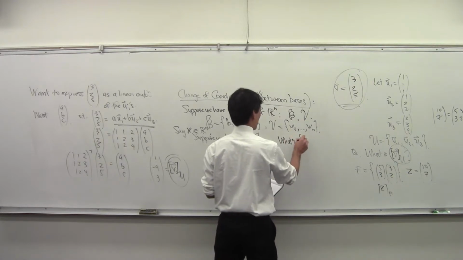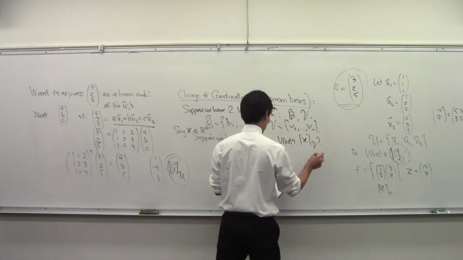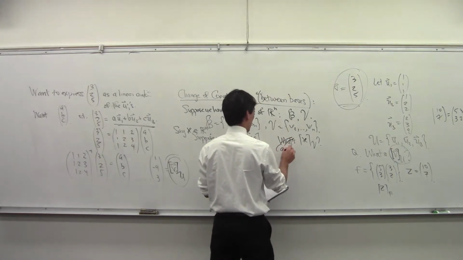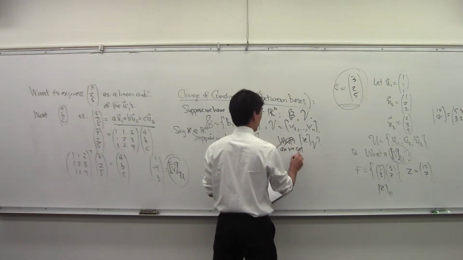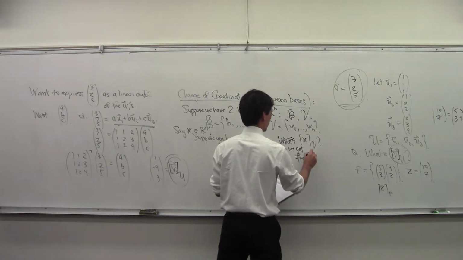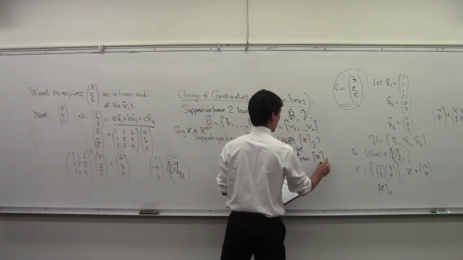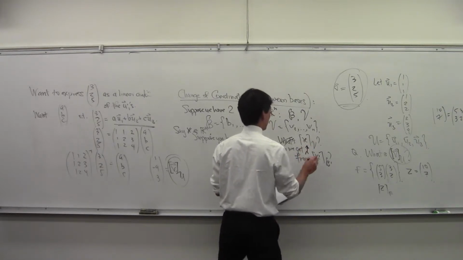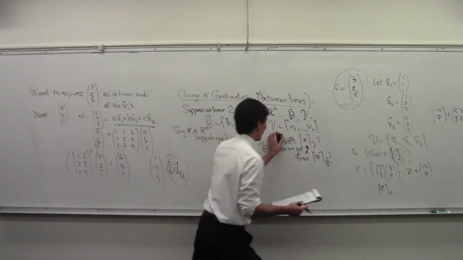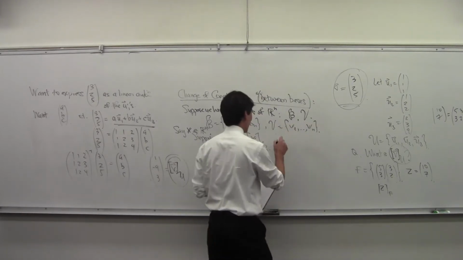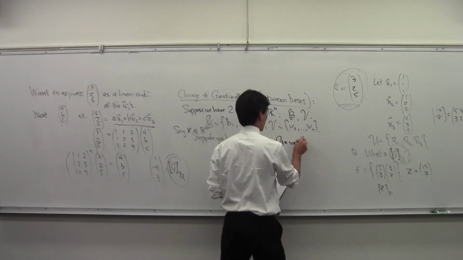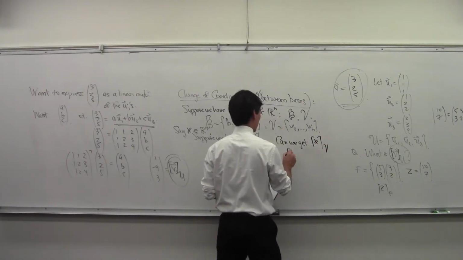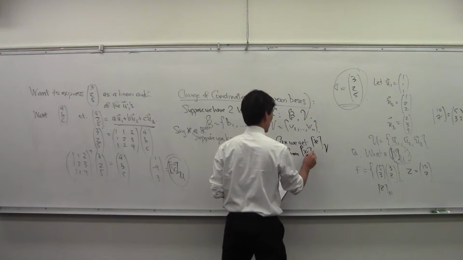Can we get the coordinate vector with respect to U from the coordinate vector with respect to B?